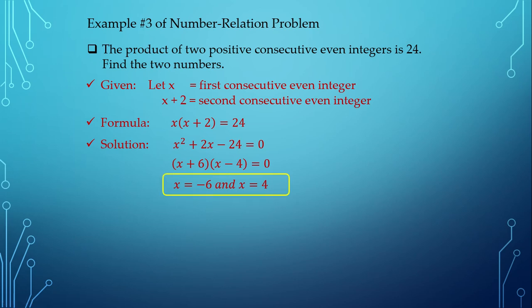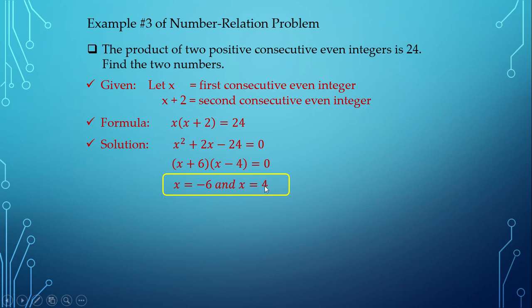So going back to the statement, what are the two missing numbers? Two positive consecutive even integers. Even, so either 4 or 6. But the problem states positive. So one is negative 6 and the other is positive 4.